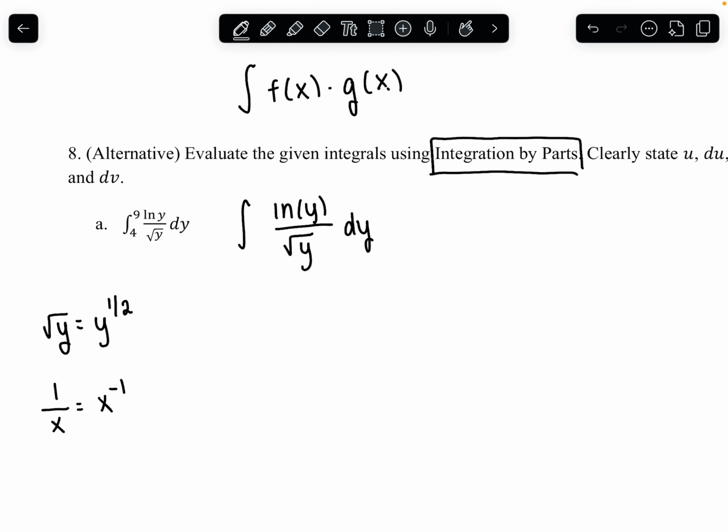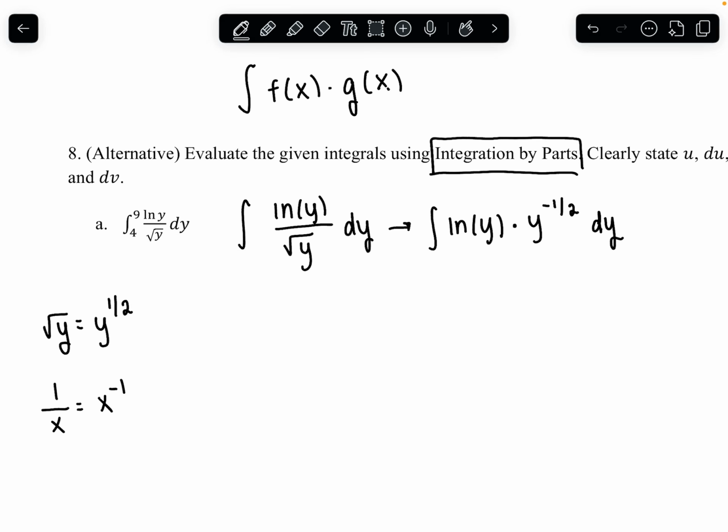We're going to leverage both of those things in our integral. Division by the square root of y is the same thing as multiplication by y to the negative 1/2. That'll definitely be something that shows up, so make sure we know what's going on.